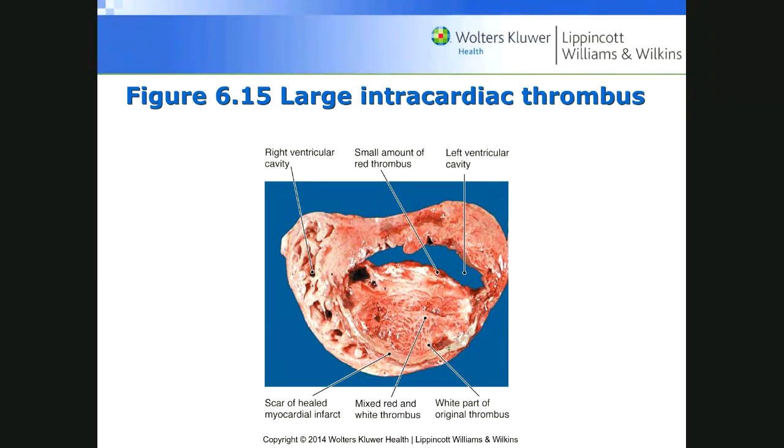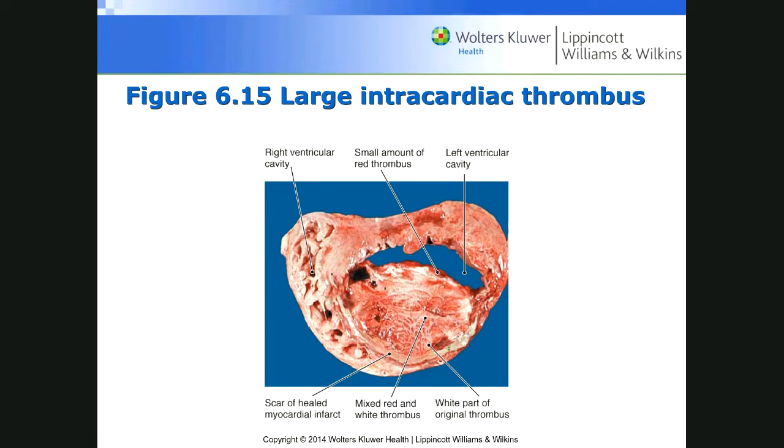Over time the lumen is going to be smaller, and then the heart is not going to pump the blood efficiently, for example, and that will also lead to heart failure.